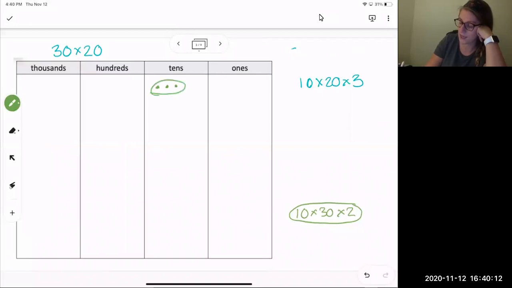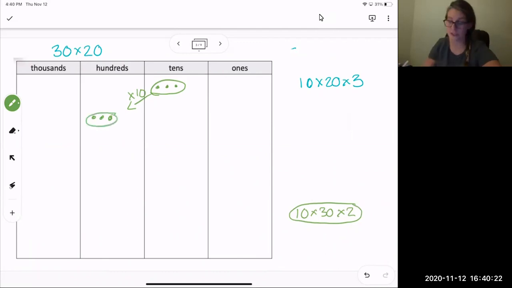We're going to do 30 times 10, just like we did 20 times 10 earlier. That gives us 300s. Then we're going to show 300s in 2 groups, just like this. What is the same about our answer? Think about how we represented this in a different way.